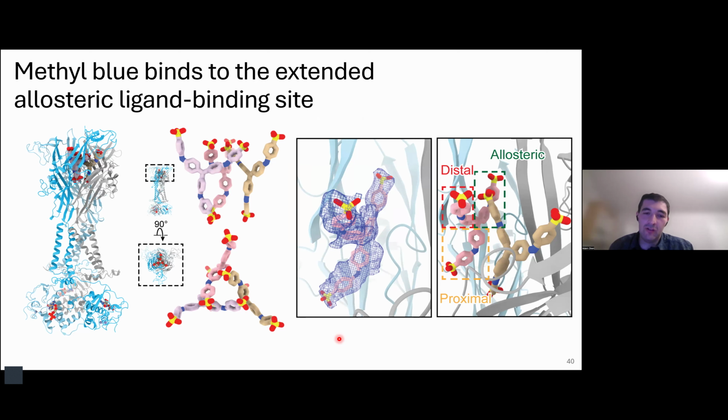Each arm of methyl blue binds to distinct pockets within the extended allosteric pocket: one arm binds to the distal pocket of the extended allosteric site, one arm binds to the proximal, and the final arm binds to the allosteric arm. And just to put this in perspective, all of the other allosteric antagonists that I showed today solely bind to the allosteric pocket contained within the extracellular pocket. So this shows how big the extended allosteric site is compared to the other ligands.